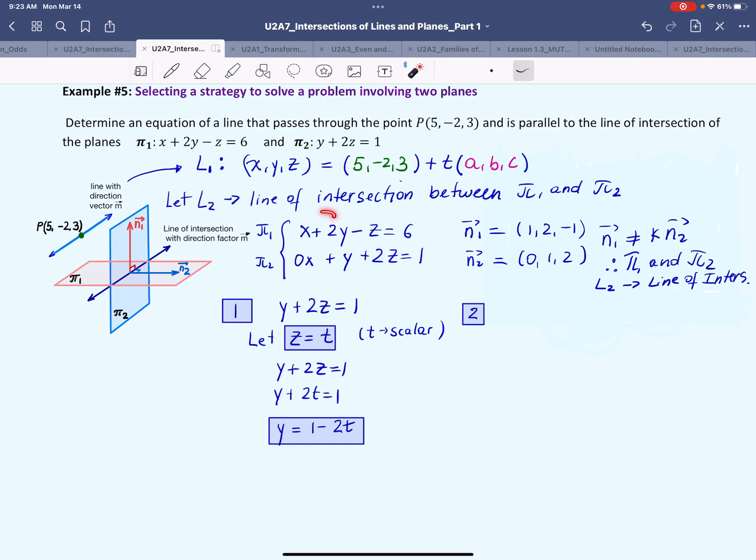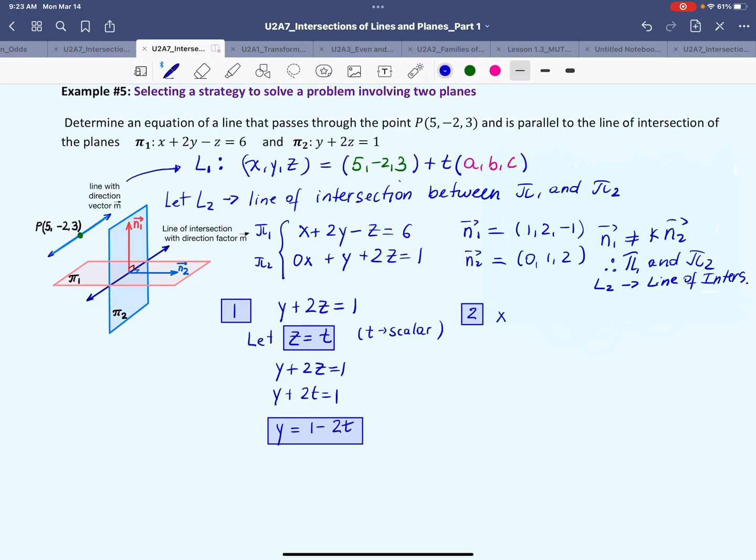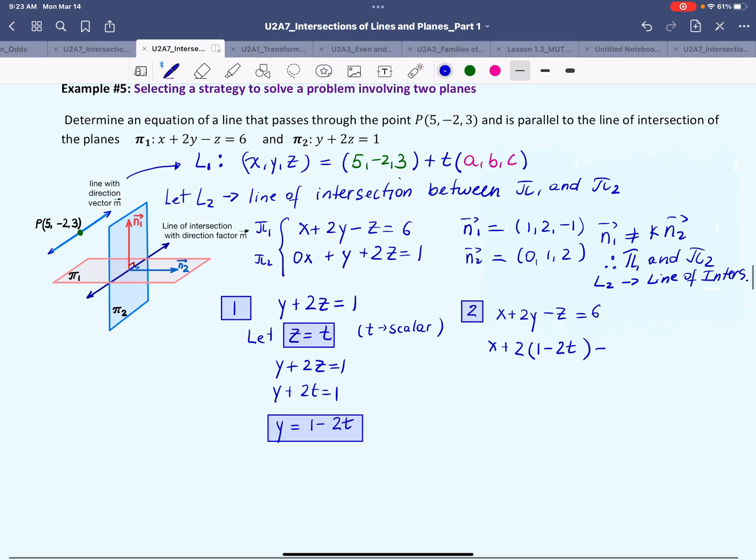And for this, we have only one choice. We have the equation 1 to solve for x, because that's the only equation where x makes an appearance. So we have x plus 2 instead of y, we'll write the parametric 1 minus 2t, as you can see here. And then instead of z, we'll write the parametric for z, which is just t.